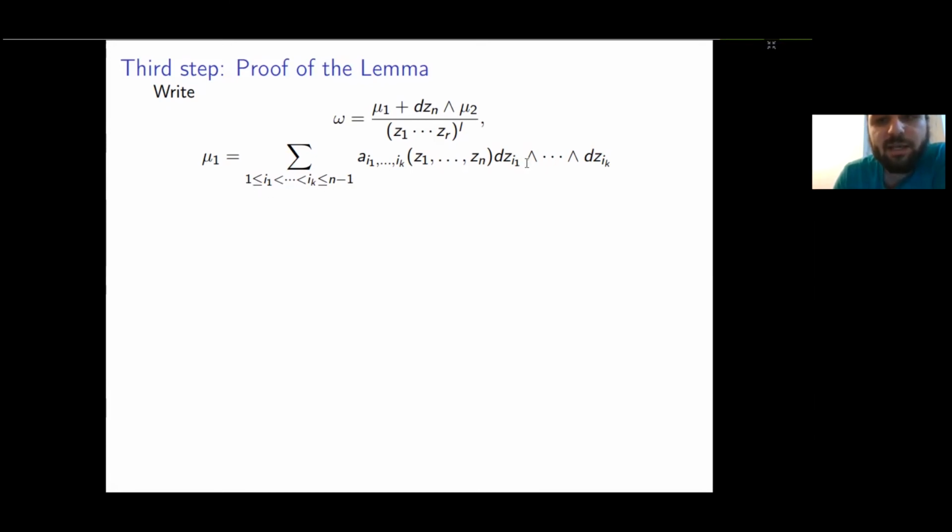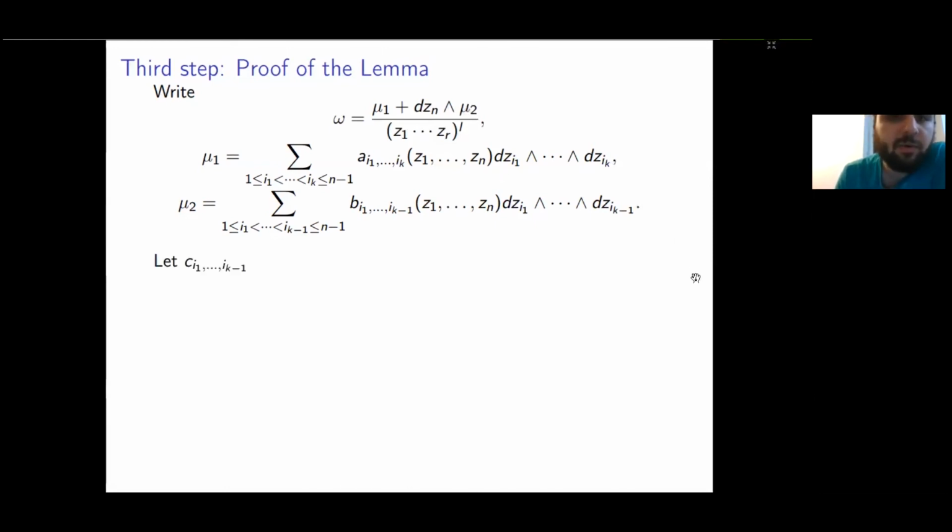So dC_n never appears here. Also for mu2, we have a similar expression with holomorphic functions, but the only difference is that now we're considering only k-1 differentials, because mu2 must be a (k-1)-form. Okay, so we can write omega always like this.